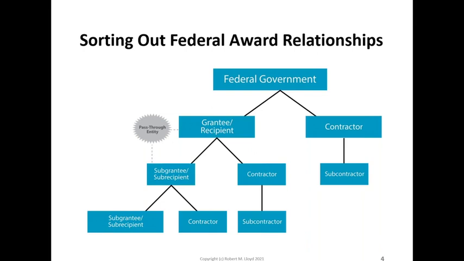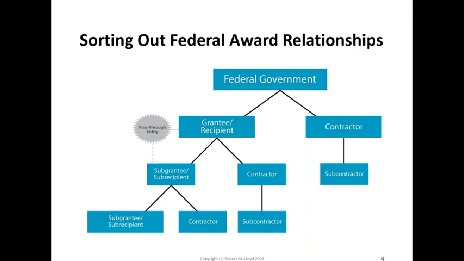Now, the federal government's interest in that transaction is that the grantee or recipient get the best deal that they can. That, colloquially, is that they shop around, they pick the best contractor to do the work or to provide the goods, and they get what they pay for.